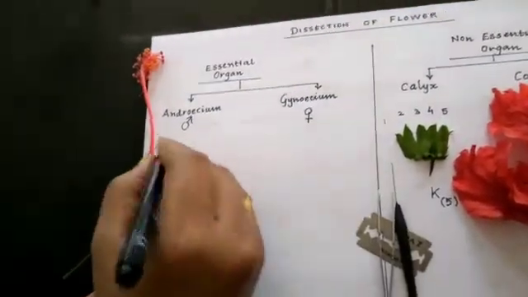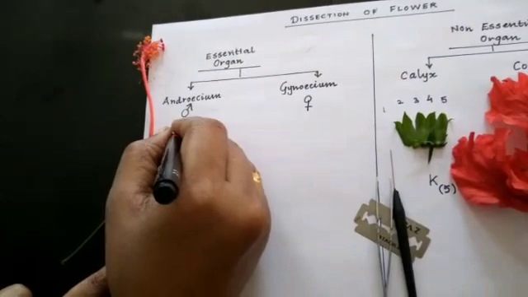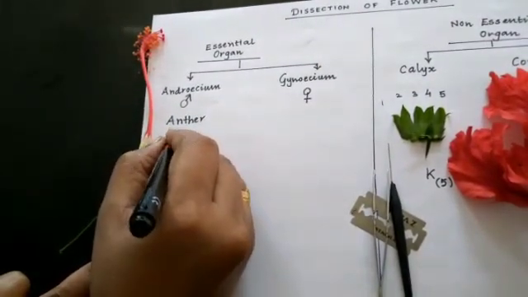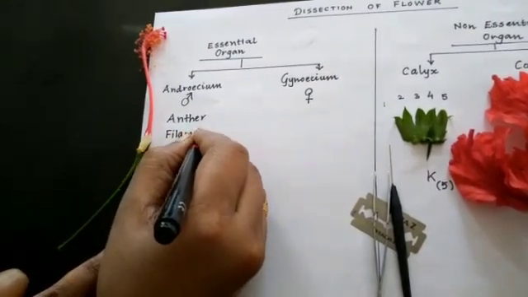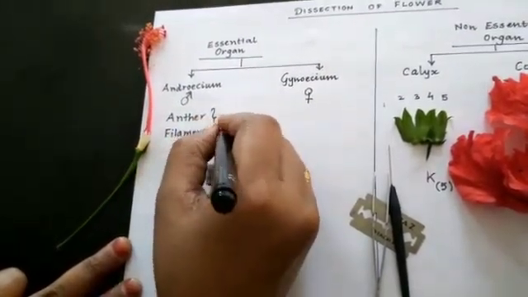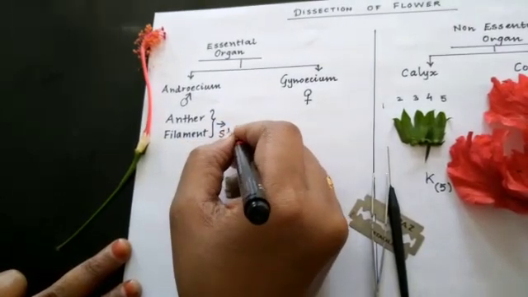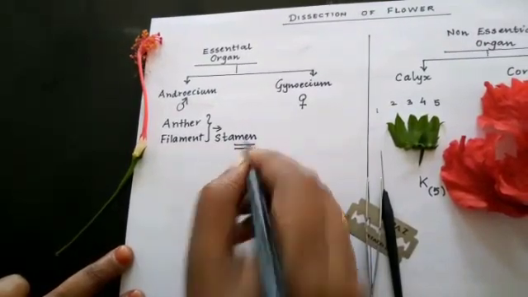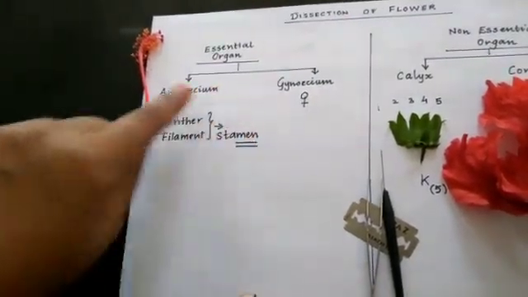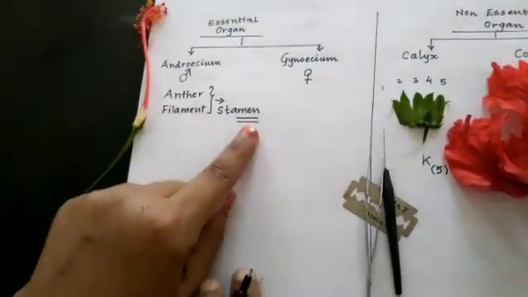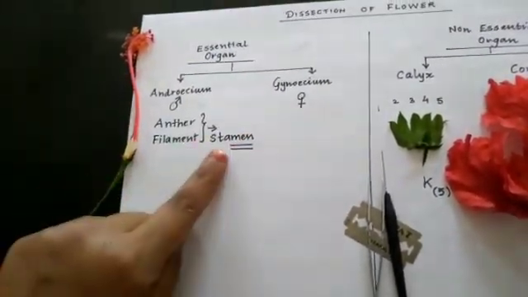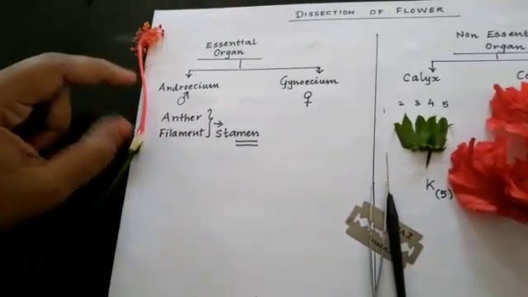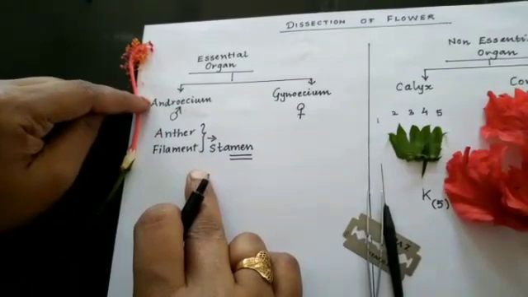Androecium has 2 parts, anther and filament, collectively known as stamen. You can remember this word by 'men': male reproductive organ ends at men. Stamen is a male reproductive organ having anther and filament, and the whole organ is known as androecium.